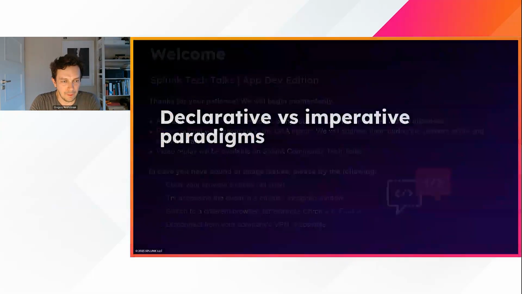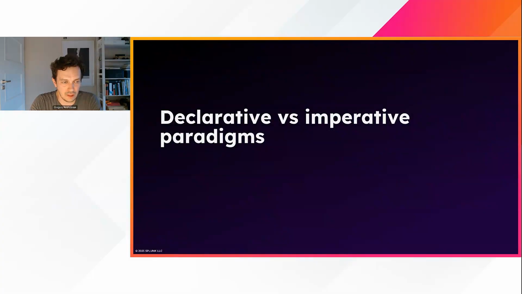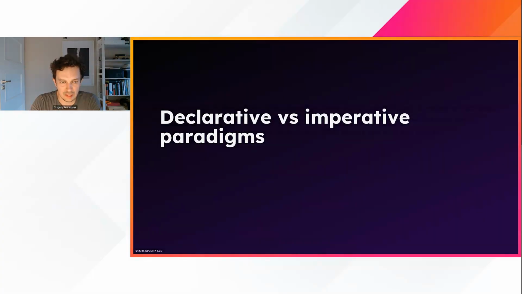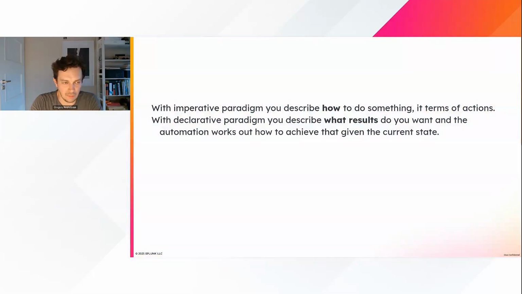All right, let's start with declarative versus imperative paradigms. To set the stage for Terraform and general infrastructure as code, we first can define that imperative paradigm tools or languages describe how to do something in terms of actions or verbs, right?